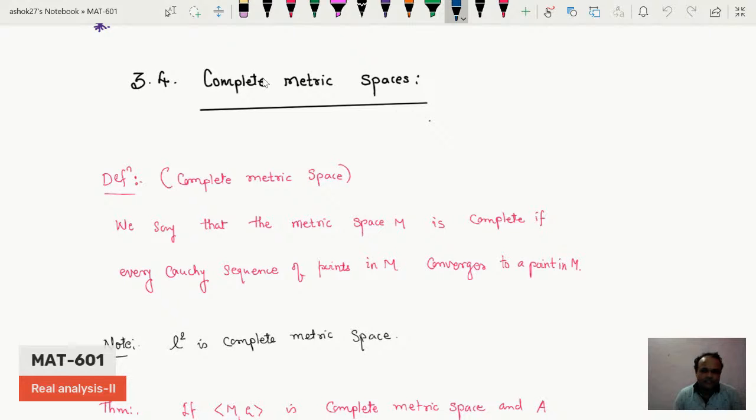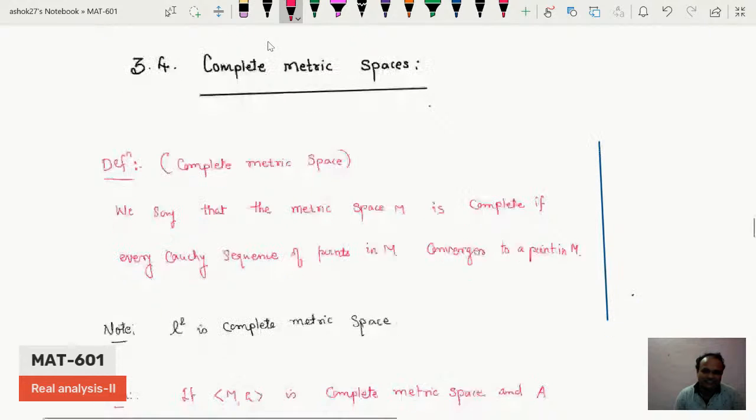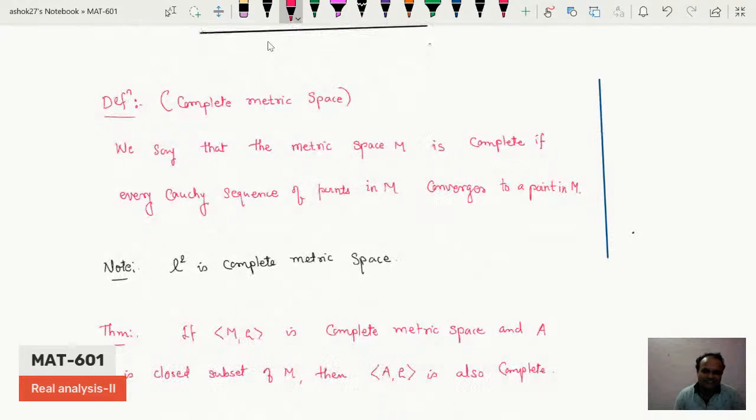We say M is a complete metric space if every Cauchy sequence of points in M converges to a point of M, meaning it converges inside M. Then M is a complete metric space. This is the definition of complete metric space.